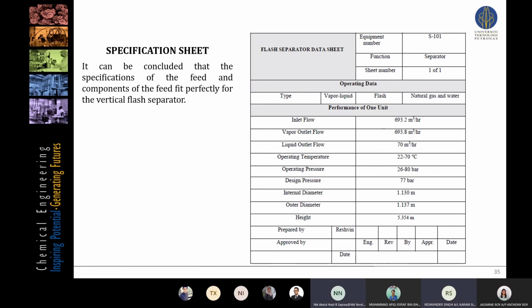It's the first unit that the feed enters, the flash separator. The first one is the phase separator. That's our flash separator, sir. So that is the flash separator? Yes, it's a two-phase separator. Two-phase separator, okay.